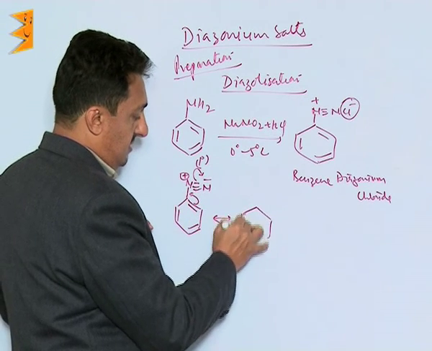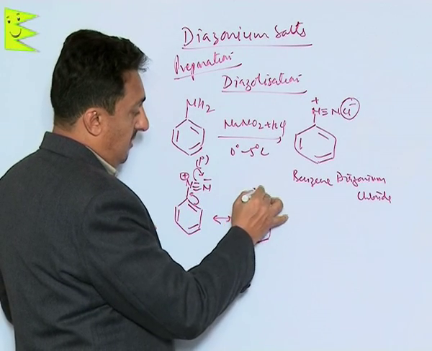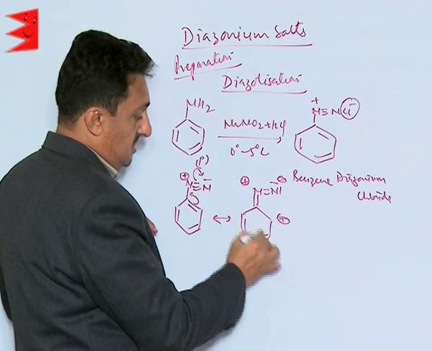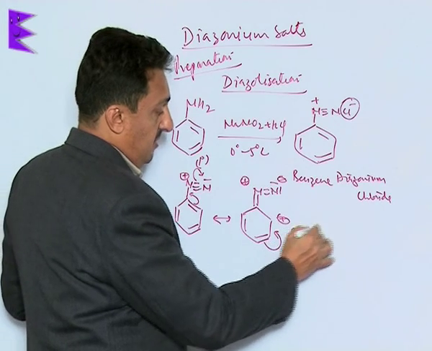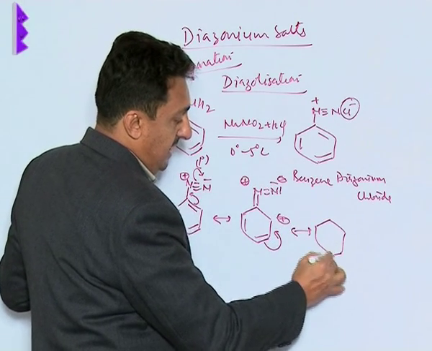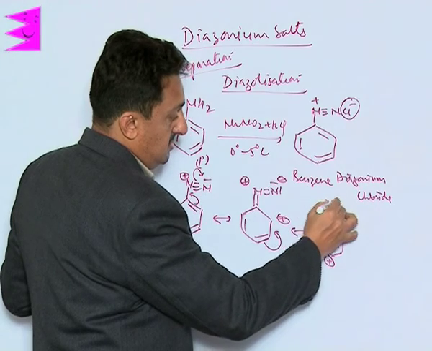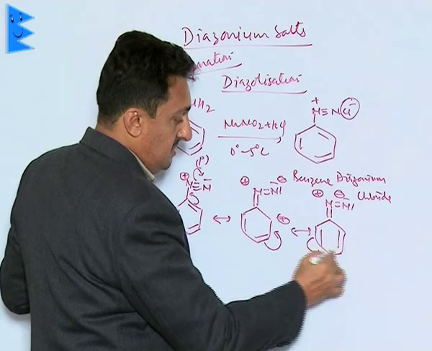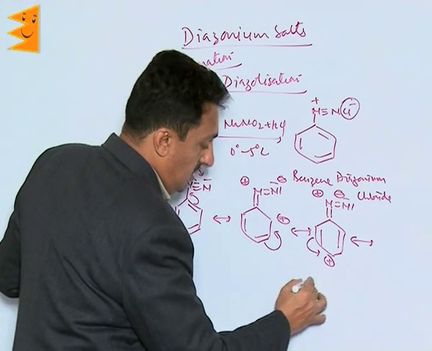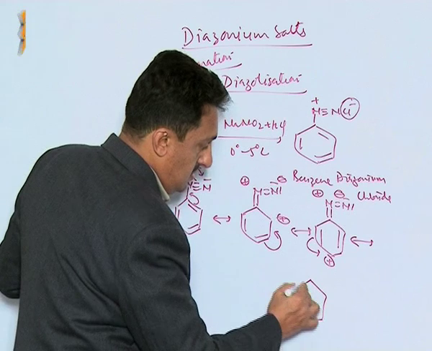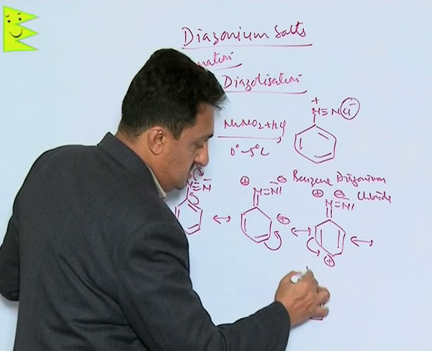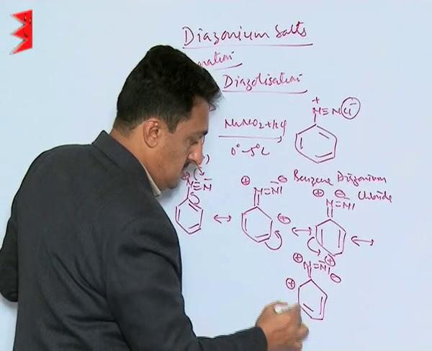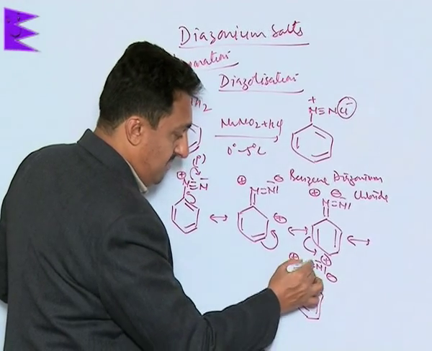This will make the benzene ring acquire positive charge, which rotates from ortho to para positions, then again to ortho position, and then it is back.